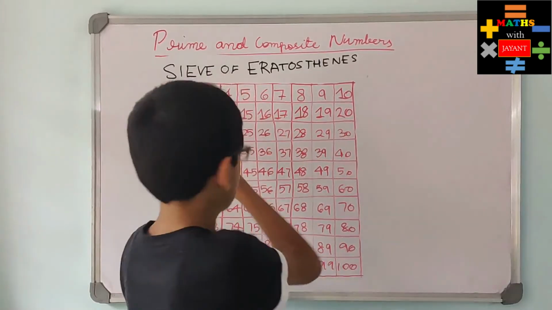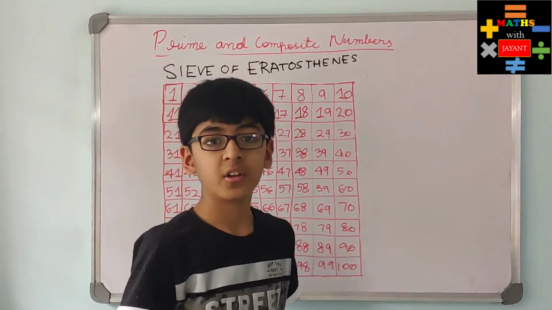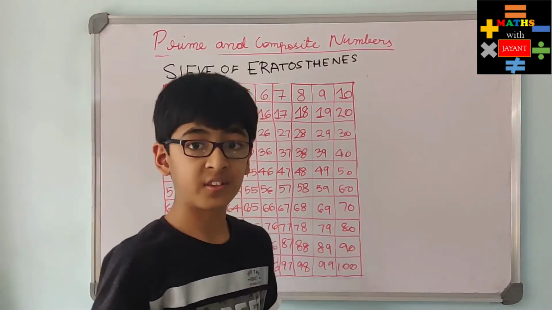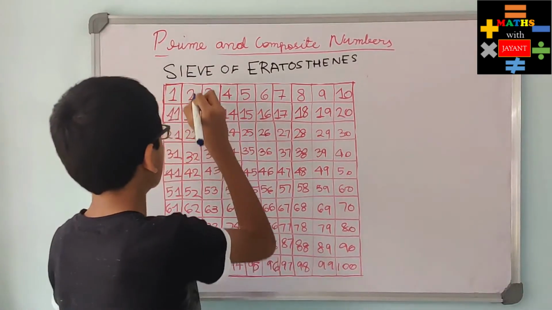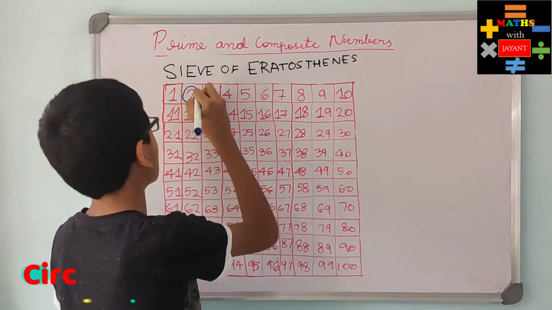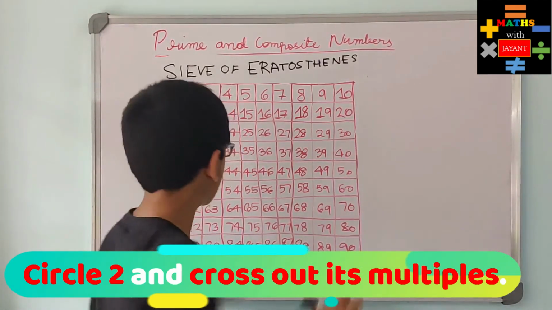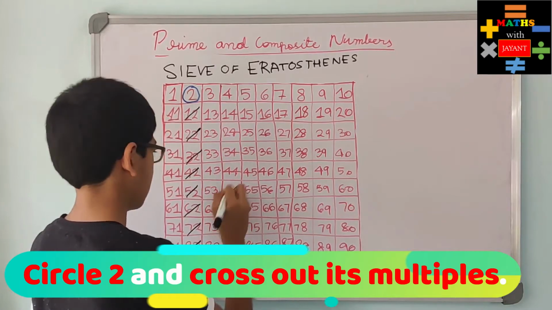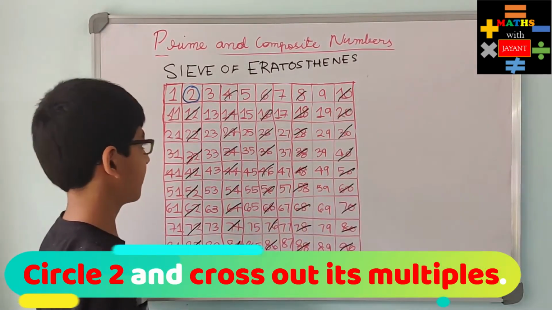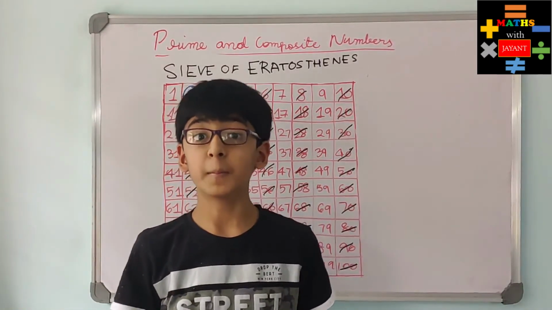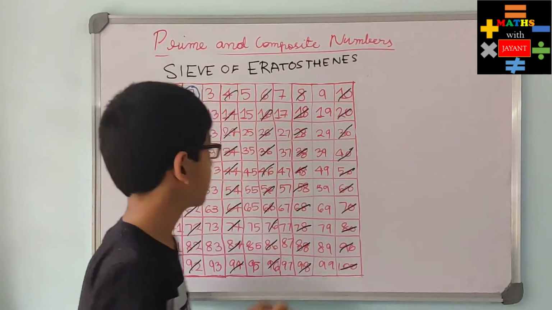Now the thing starts. You have to circle 2 and cross out all the multiples of 2. So we have crossed out the multiples of 2.